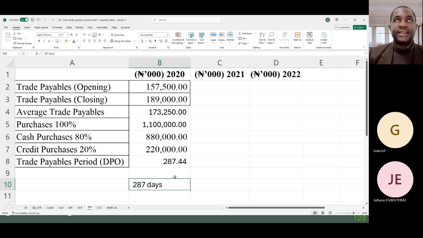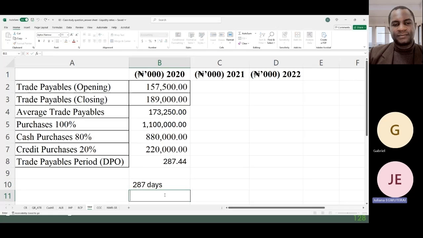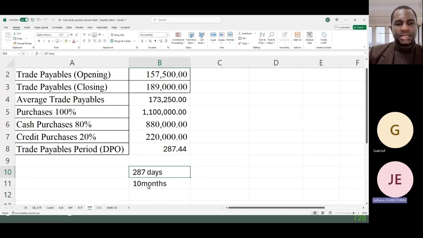I know it's not up to a year, so how many months does it take them on average? 287 days is how many months? 287 divided by 30, exactly. That's 9.5 months. Okay, so let's say 10 months approximately. And that's actually long to pay off your debts.